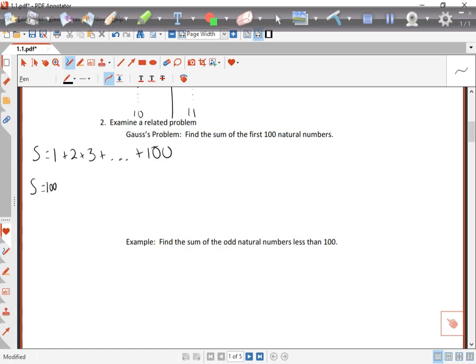So 100 plus 99 plus 98 plus all the way down to 1. Then he added these two together. So S plus S would be 2S. And what he found was there's a pattern. Each one of these columns added up to 100 more.